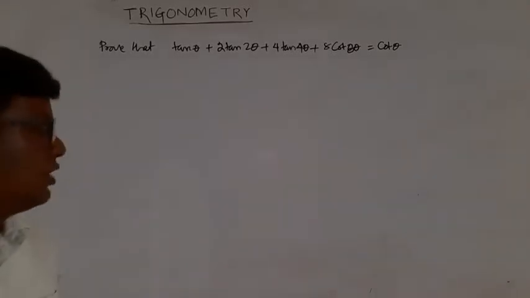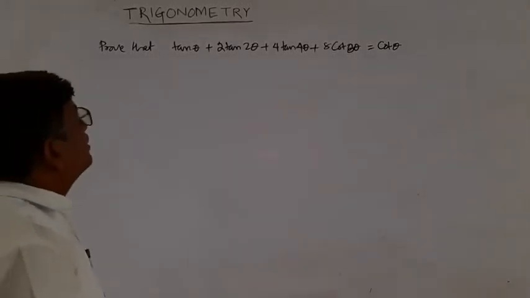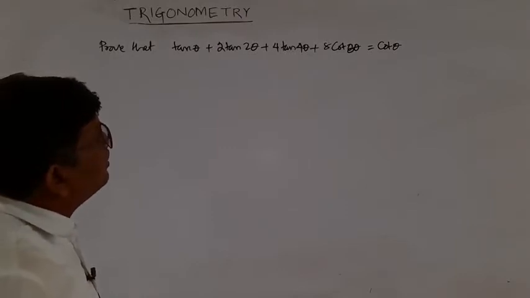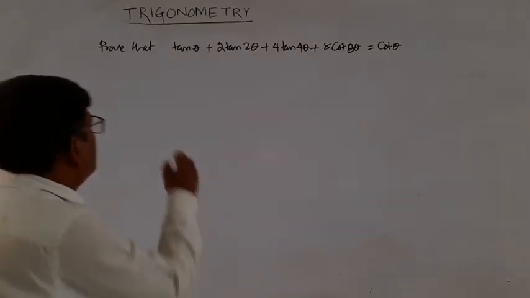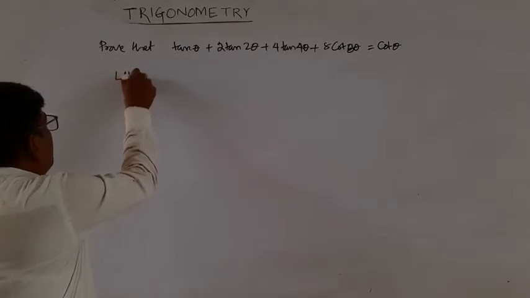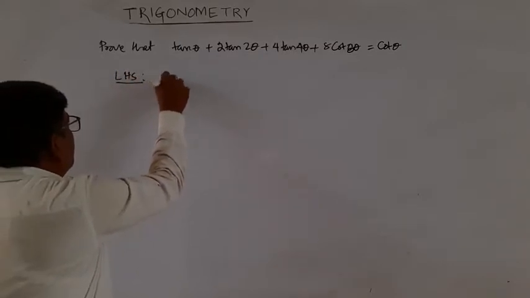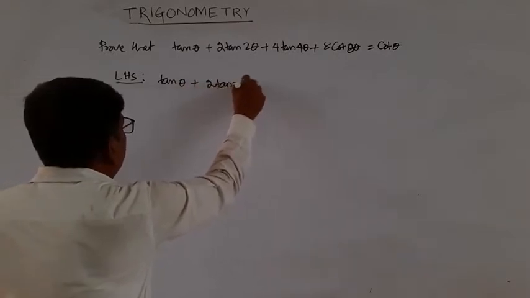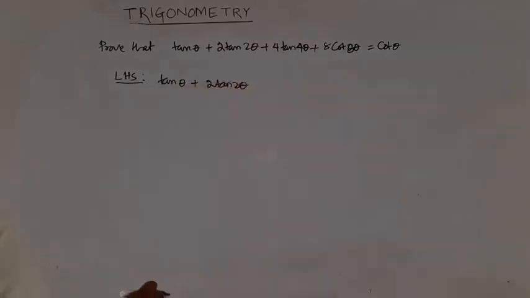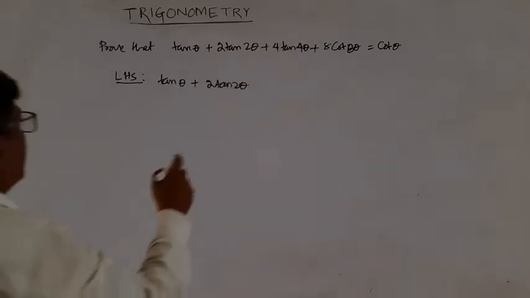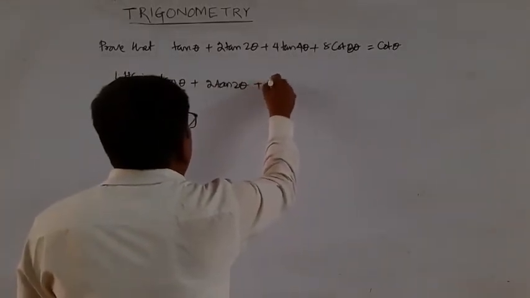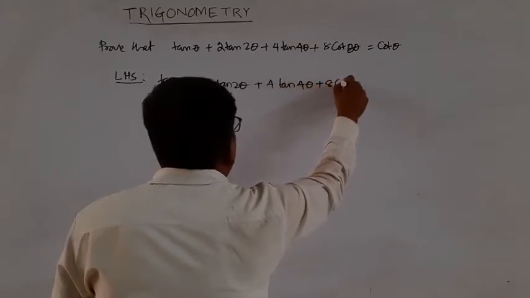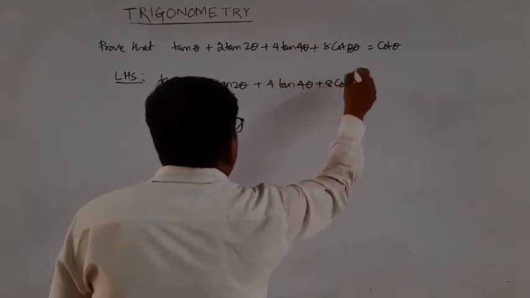And another question. Prove that tan theta plus 2 tan 2 theta plus 4 tan 4 theta plus 8 cot 8 theta is equal to cot theta. Left hand side: tan theta plus 2 tan 2 theta plus 4 tan 4 theta plus 8 cot 8 theta.